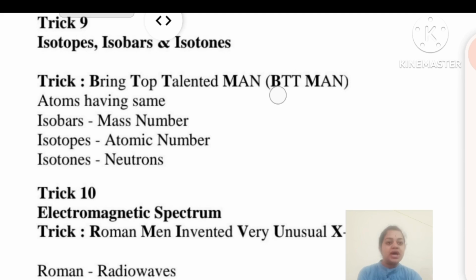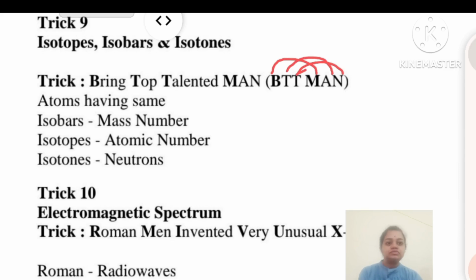Isobars means mass number will be same. Isotopes means atomic number will be same. Then isotones means number of neutrons will be same.